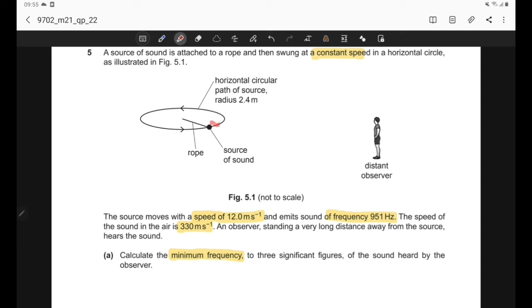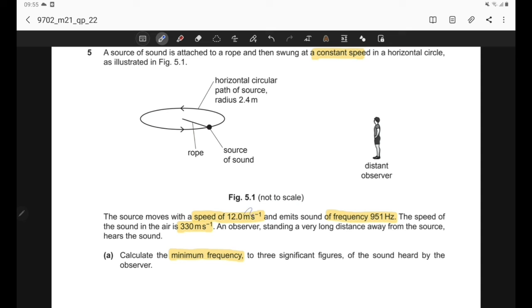So there is a sound source which will keep emitting sound waves and which is moving in a circular path with a uniform speed. So the sound source keeps rotating with uniform speed, which is 12 meters per second.